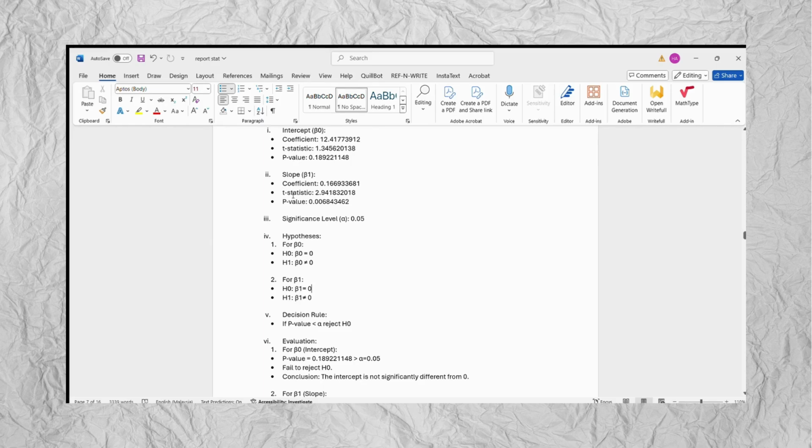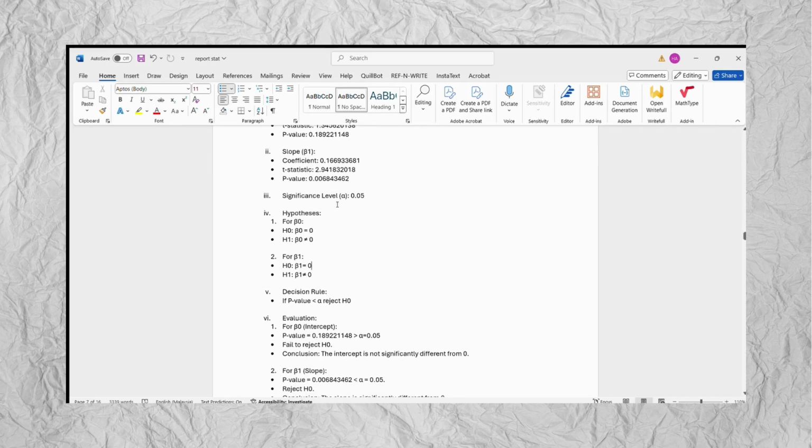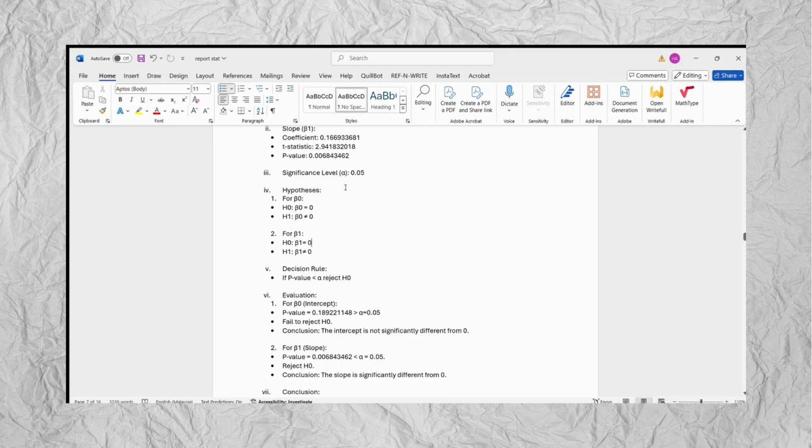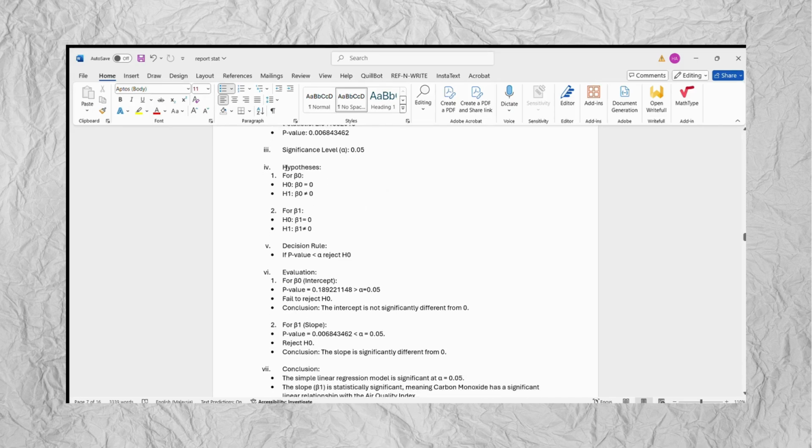The significance level is alpha equal to 0.05. So the hypotheses are as shown here.